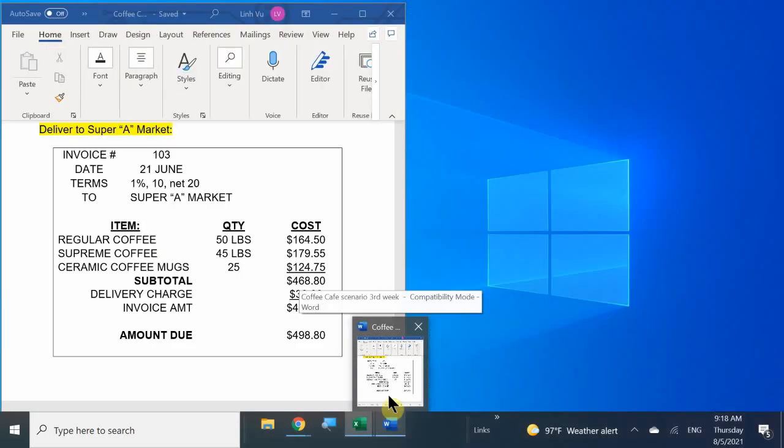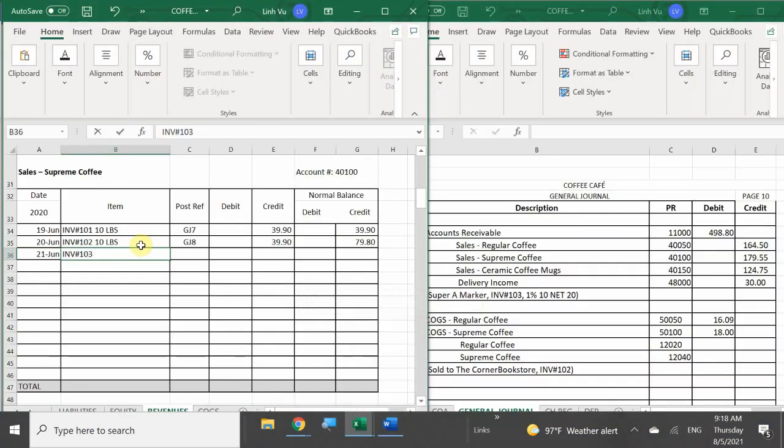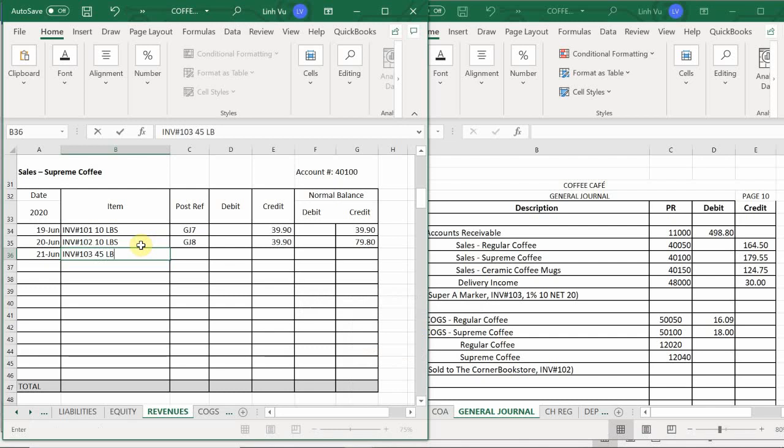Yes, for the Supreme Coffee we only sold 45 pounds. Okay. Credit of 179.12, and the total comes to 259.35. 259.35. Excellent.